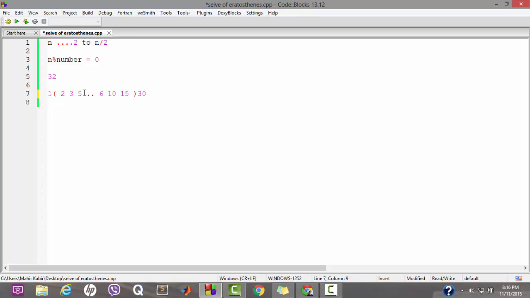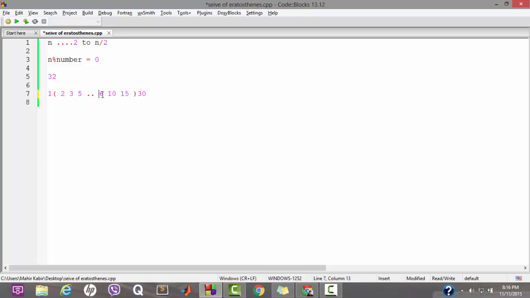Since any number greater than 5, that is the square root of the number we are checking for, in this case 30, can be found by multiplying the previous factors.